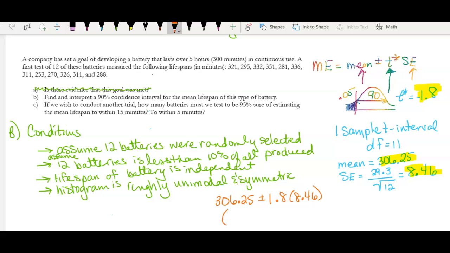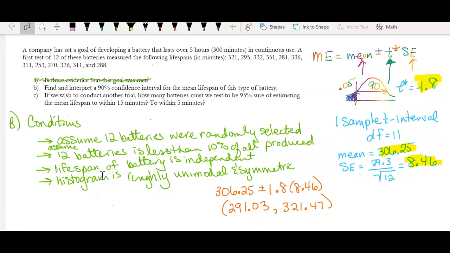Usually I do the minus one first because you want your smaller number first. So this is going to be 291.03 and then 321.47. Now I'm looking at my old notes. Let's see if it actually is that amount. Yeah, so it's pretty much the same. I think maybe when I did the notes last time we did something else. But okay, so now we have our confidence interval.